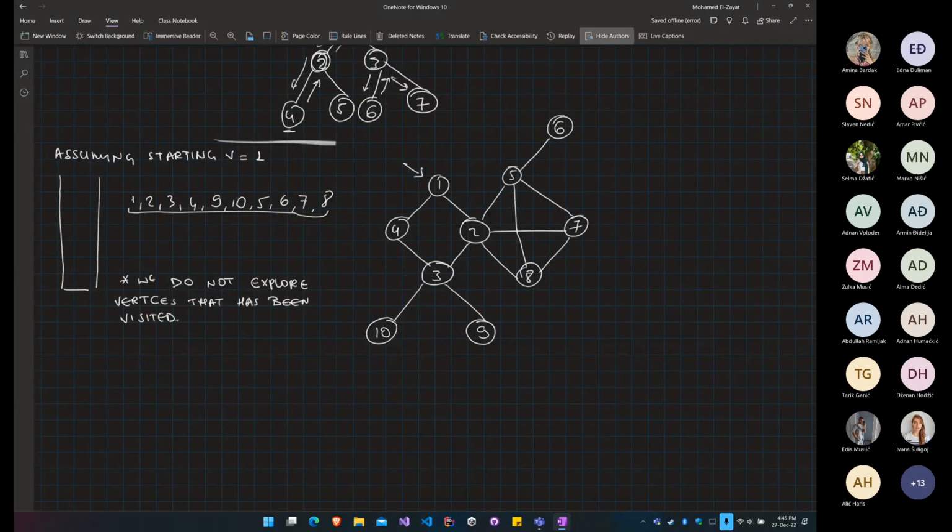So if I visited a vertex, I don't explore it. I just simply ignore it, right? Because later on, we're going to explore it completely when we get it from the stack. This is actually DFS, nothing more. Do you have any questions about this?